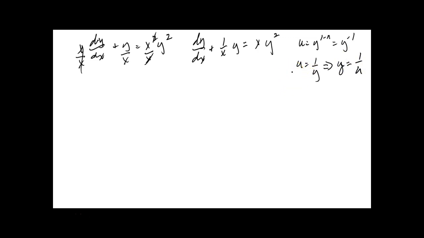Now let's take dy/dx of this. I don't see any x's in there, but let's do it. Of this right here, dy/dx is equal to, let's do it this way, d of 1 over u over dx, because that's what your y is.